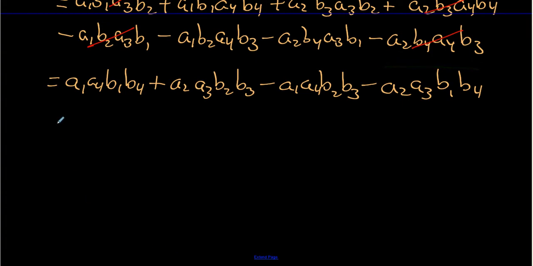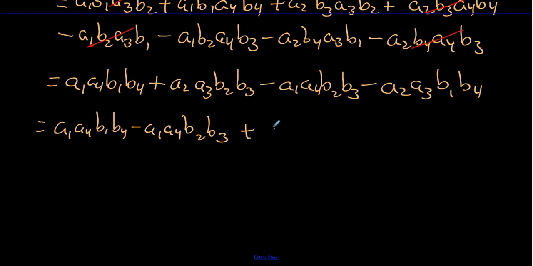So at this point we have a1 a4 b1 b4 minus a1 a4 b2 b3, and then we have a plus a2 a3 b2 b3 minus an a2 a3 times b1 b4.